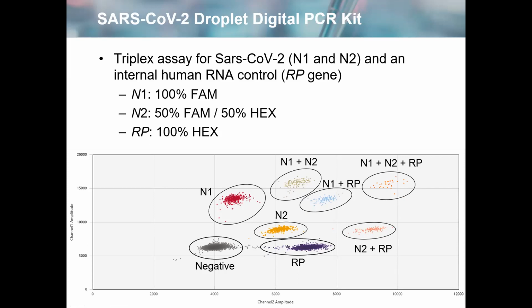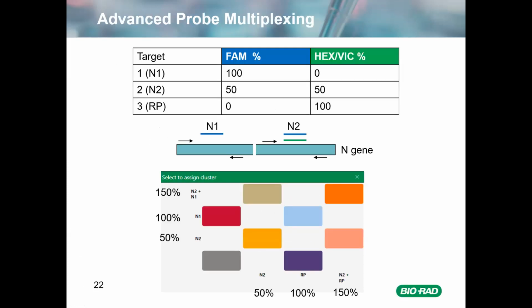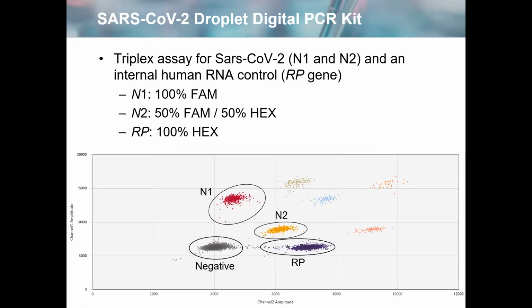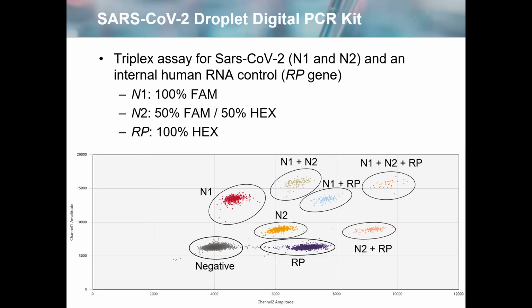Okay, so even though we don't have that perfect blocking like we had here, all that I care about is I can distinguish these populations and I know about where to expect them. So then we can set our thresholding, and then the software can take all of those and calculate an absolute concentration for both the N1, the N2, and the RP. So very simple data analysis, as long as you can get separation of populations.